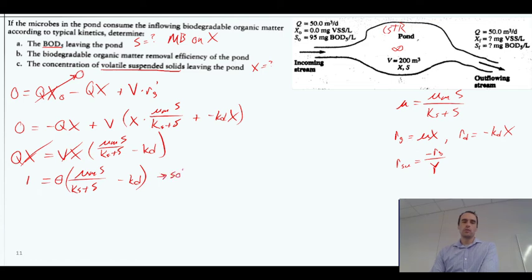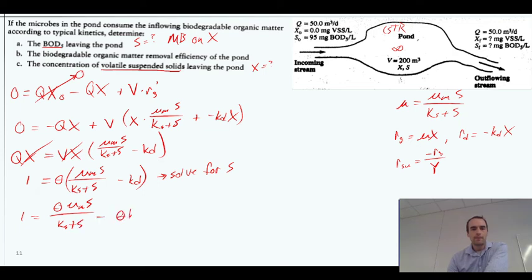We have to multiply both sides and so on. So we could say 1 equals theta times mu max S divided by Ks plus S minus theta Kd.